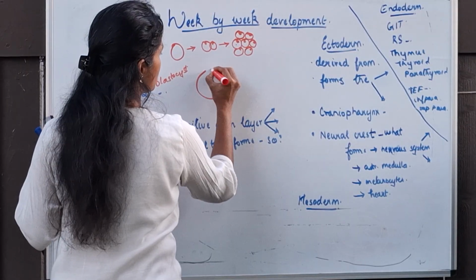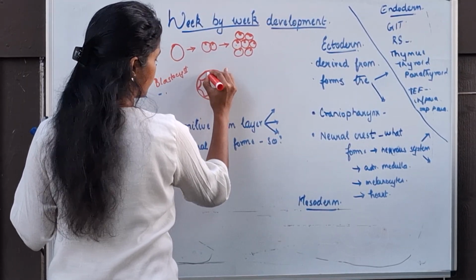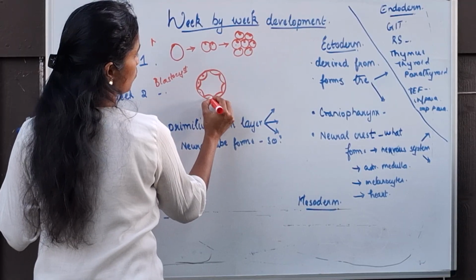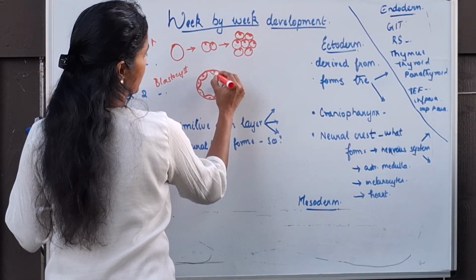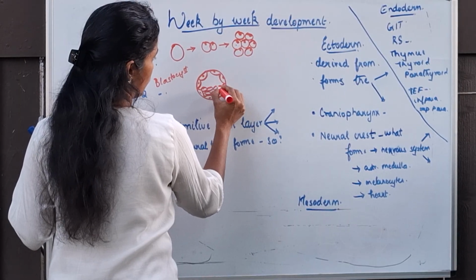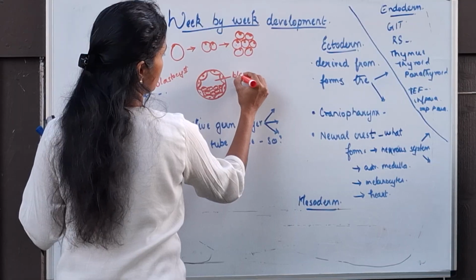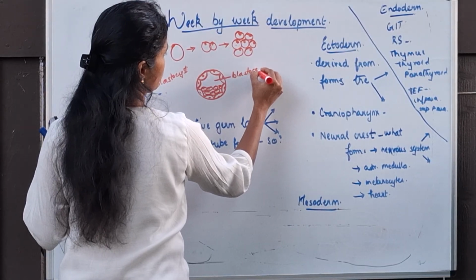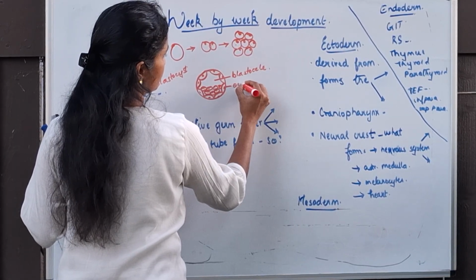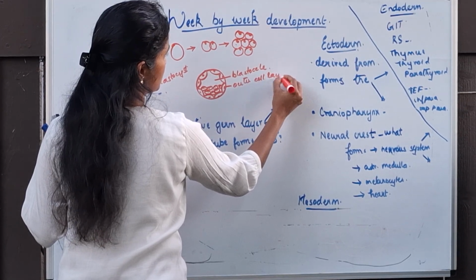So blastocyst is that which has the outer cell layer, the inner cell mass, as well as the blastocele. So this is formed in week 2. Outer cell layer and this is the inner cell mass.